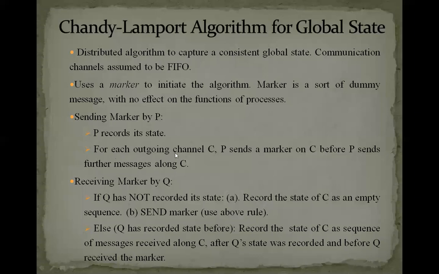For each outgoing channel, P sends a marker on the channel before P sends further messages along the channel. Meaning thereby, before it sends the message, it has to send the marker. So it means the marker will be followed by the message.